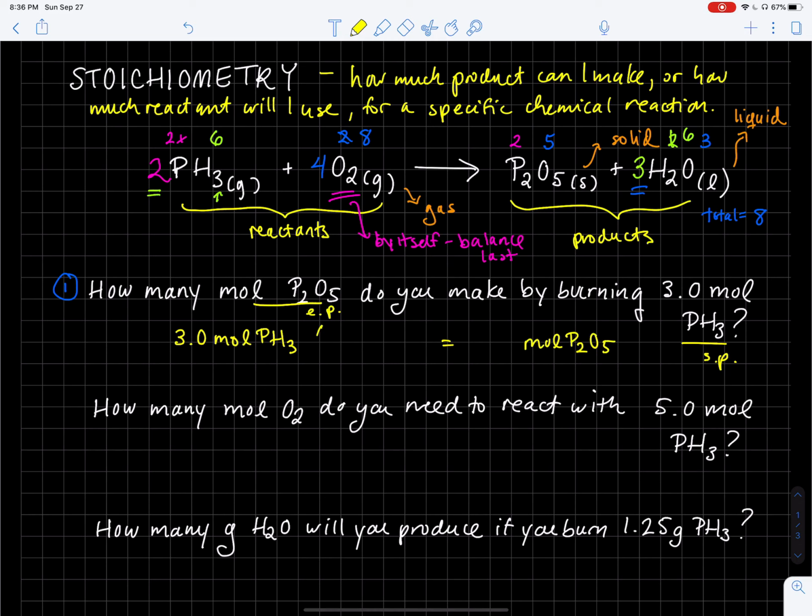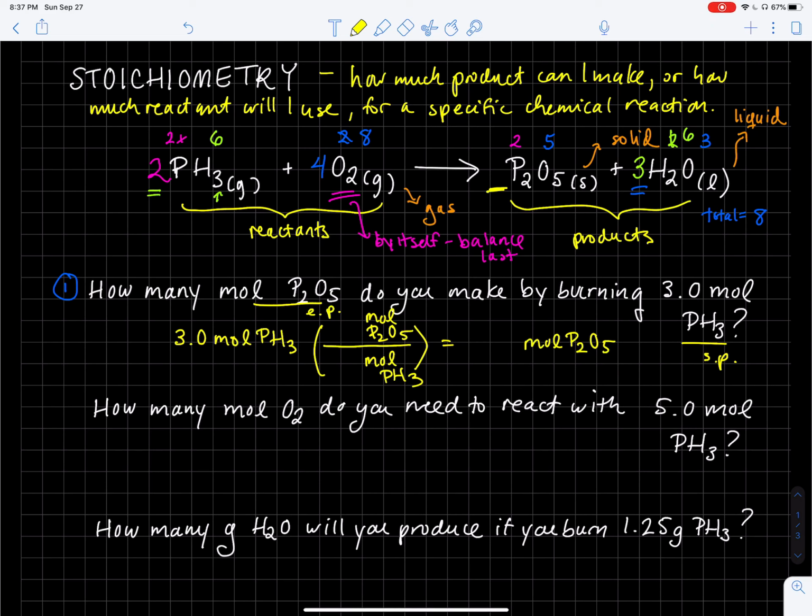So to do that, I need a ratio between moles of PH3 and moles of P2O5. And that ratio comes from the balanced equation. So you go up and look at the coefficients, and I can see P2O5, okay, there's actually no coefficient here because it's a 1.